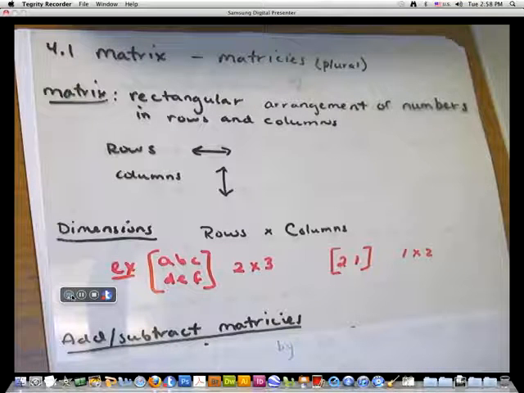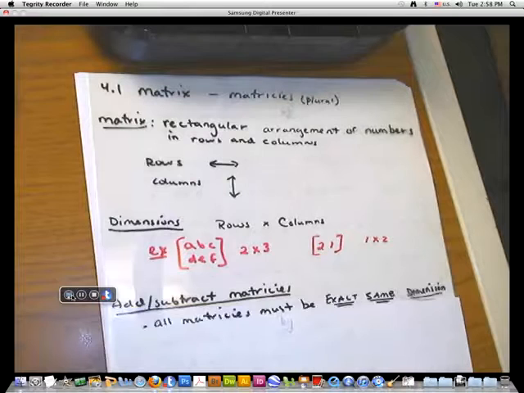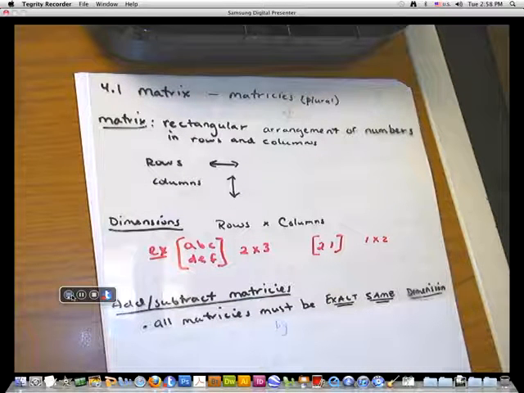We're going to be able to do quite a bit of things with matrices. The first thing we're going to do is add and subtract matrices. When we add and subtract matrices, the very first thing that must be done is that the dimensions must be exactly the same. If they are not exactly the same dimensions, you cannot add and you cannot subtract.